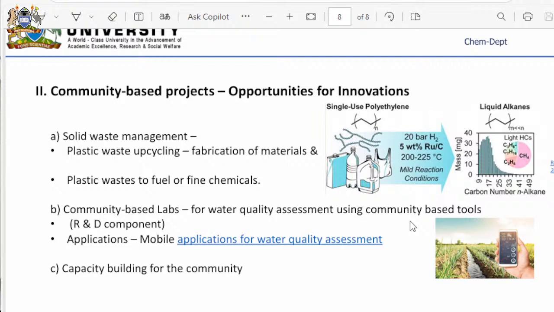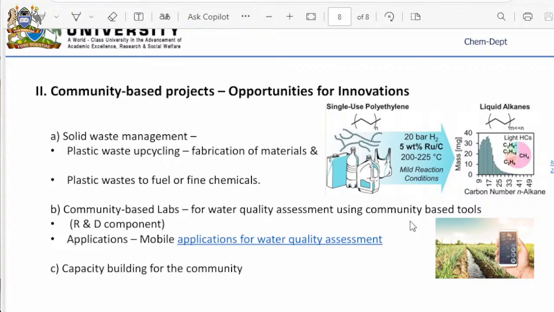We upcycle. I usually like upcycling because you can take the same plastic and fabricate or mold it into maybe a tile. You take plastic and mold it into toy materials that we can sell. In that way, we can come up with materials that we can generate some income with. So that can give us an idea in terms of innovations.